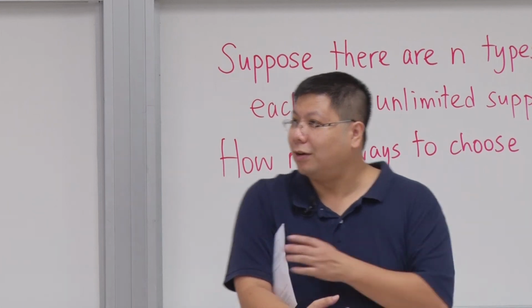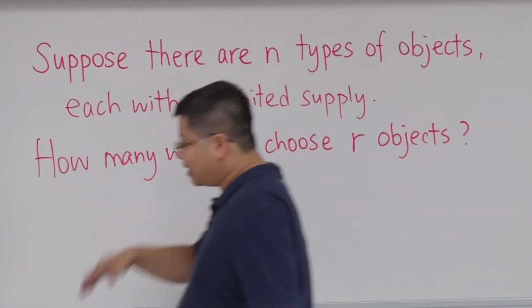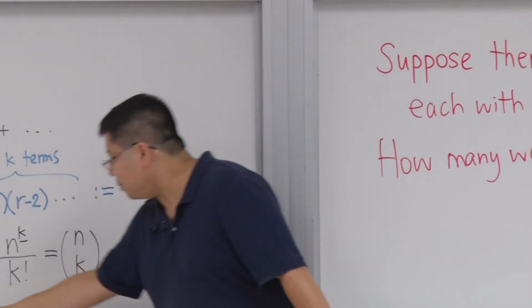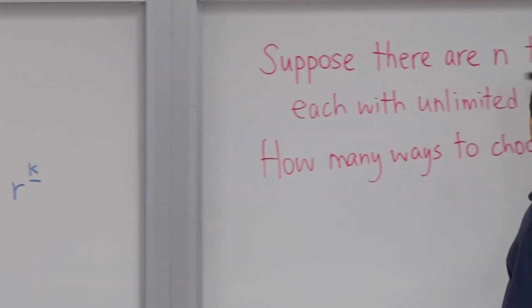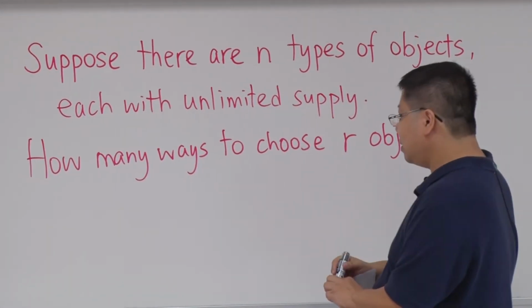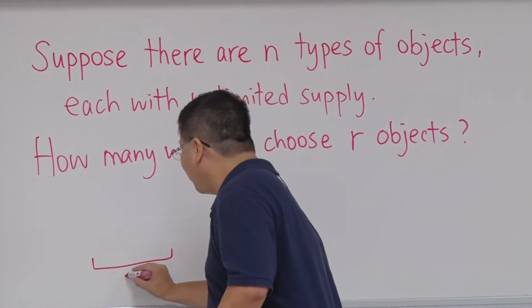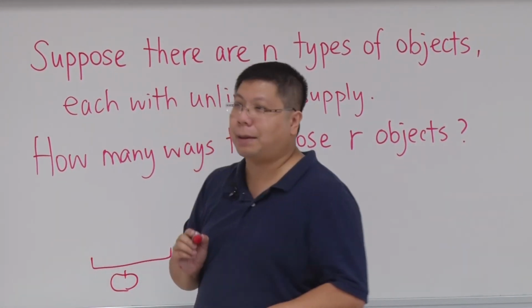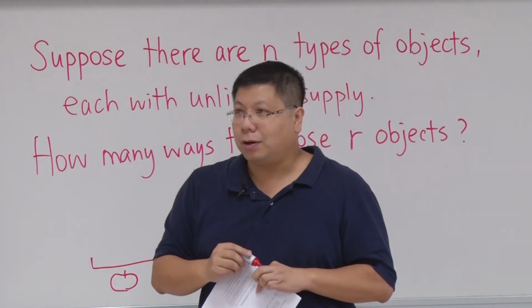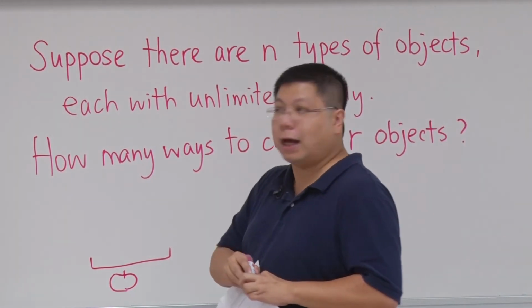Let's test our understanding. Let's focus on apples, the first type of object. We are going to find the generating function of selecting apples. Apples have unlimited supply.